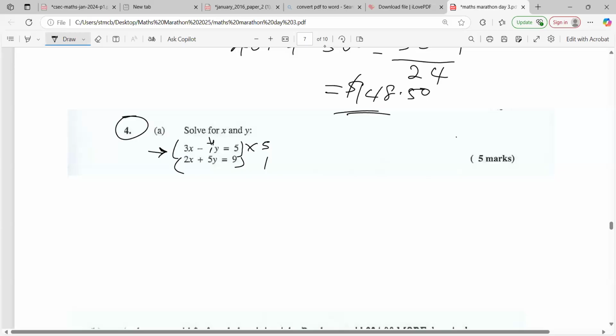So 5 times 3 is 15x, 5 times negative 1y is negative 5y, and 5 times 5 is 25. Now I'm going to multiply everything by 1. Once you multiply by 1, you get the same thing.